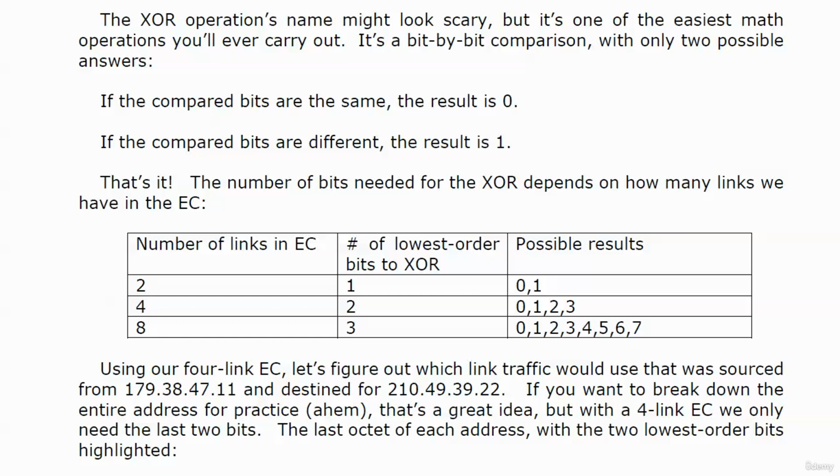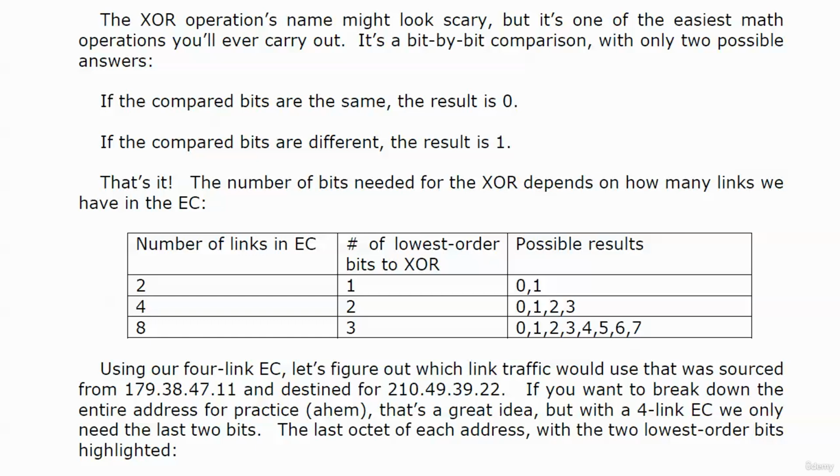That's it. Now, the number of bits needed for the XOR depends on how many links we have in our Ether channel. If we have 2 links in the Ether channel, we just need 1 lowest order bit, the lowest order bit possible. Because with 2 links, how many values do we need? We only need 2, and that would be 0 or 1.